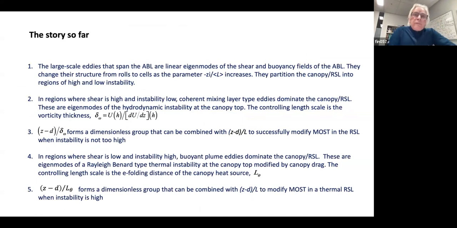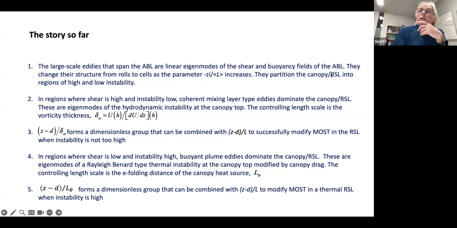So, okay, just got enough time to finish this up then. This is the story so far, if I can go through it. The large-scale eddies that span the atmospheric boundary layer are linear eigenmodes of the shear and buoyancy fields of the ABL, and they change the structure from rolls to cells as this overall stability parameter, the ordering parameter, minus Zi upon L, changes, where Zi is the whole thickness of the boundary layer, and L is the average L of the whole domain that you're looking at.